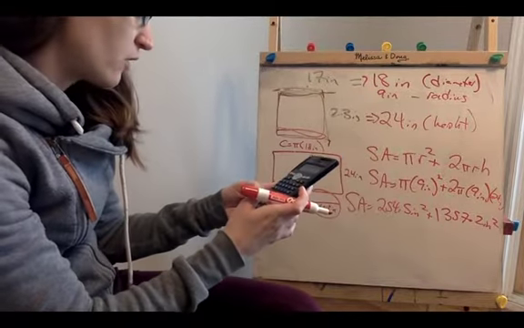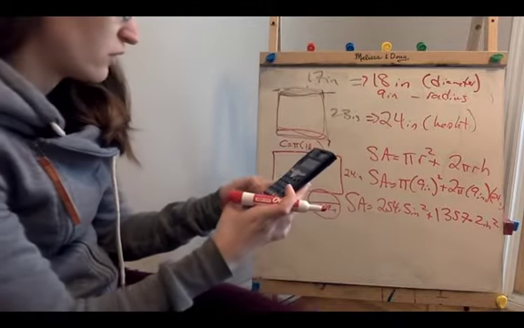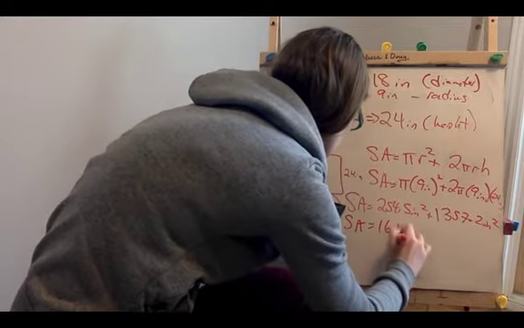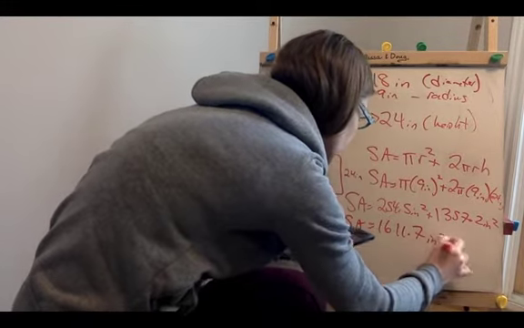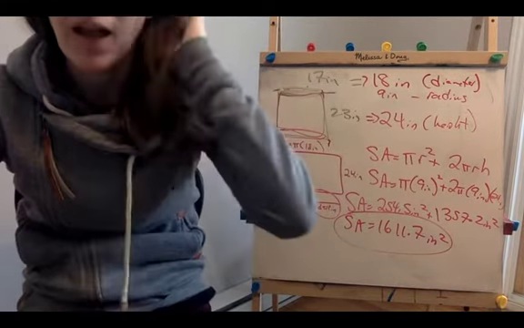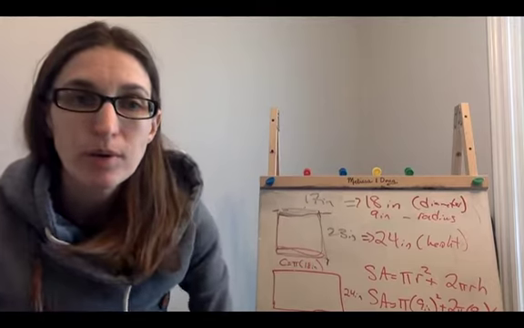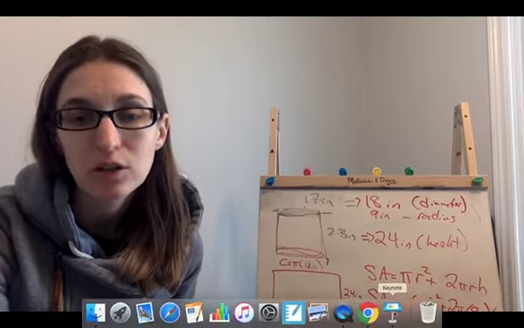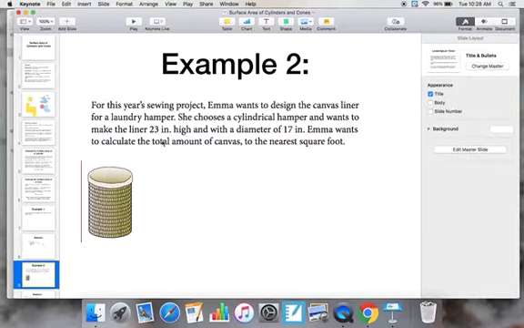So we add those together, 254.5 plus 1357.2, and we have a surface area now of 1611.7 square inches. Okay. However, we typically don't buy fabric or measure fabric in square inches, especially dealing with something this large. We want to do this in square feet. And if you go back and take a look at the question, it does in fact ask you to calculate the total amount of canvas to the nearest square foot.